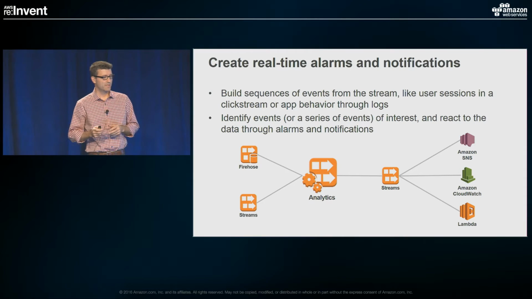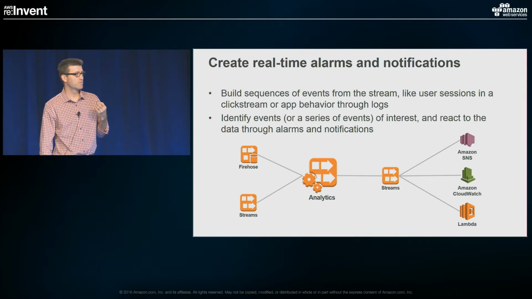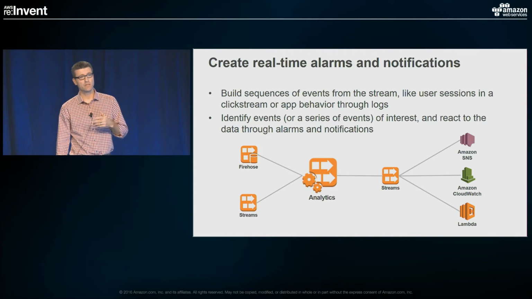And then thirdly, we see a lot of customers using it to create real-time alarms and notifications. So they're building sequences of events: how many times in a certain period has something happened, and is that important? A good example might be Apache access log data.